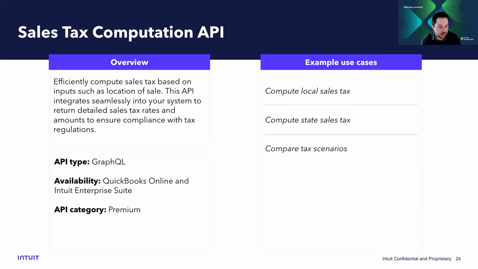Also GraphQL, also going to be premium, and this one is technically available across all our offering levels. Some example use cases here: computing local sales tax, computing state level sales tax, as well as comparing different tax scenarios, like what if I sold this many in this place, what would my tax liability be versus this many in this other place?